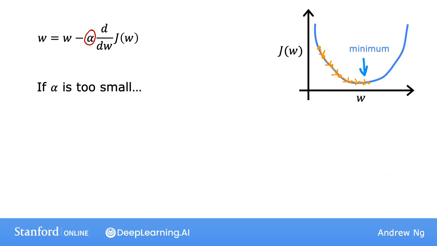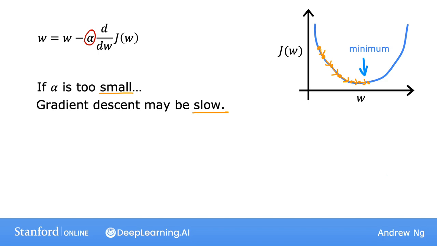But as you may notice, you're going to need a lot of steps to get to the minimum. So to summarize, if the learning rate is too small, then gradient descent will work, but it will be slow. It will take a very long time because it's going to take these tiny baby steps, and it's going to need a lot of steps before it gets anywhere close to the minimum.